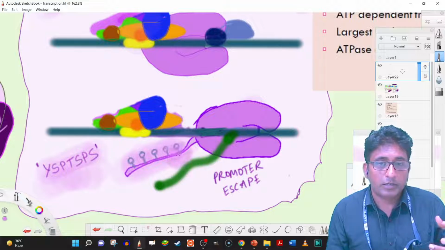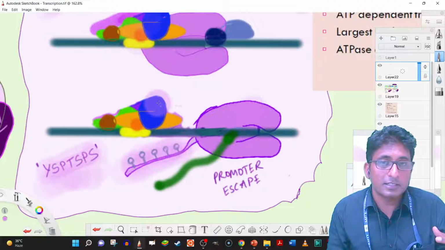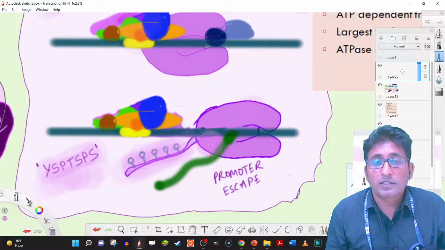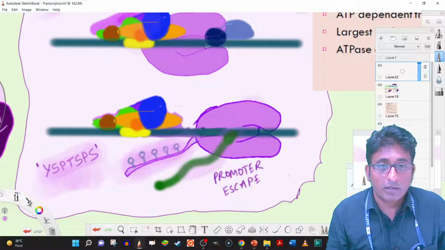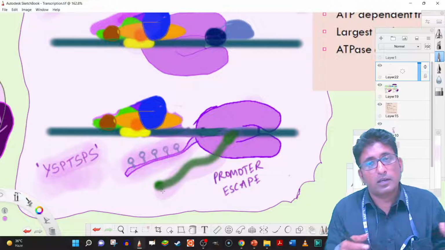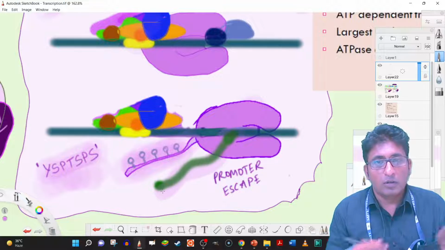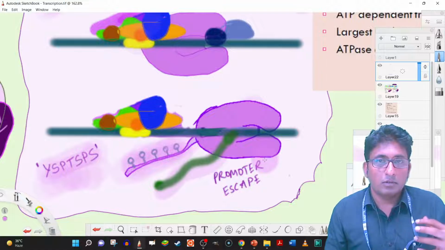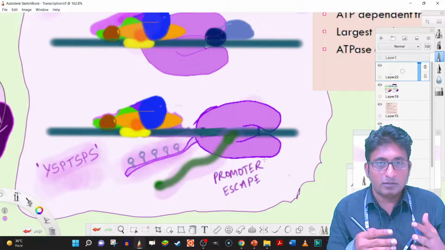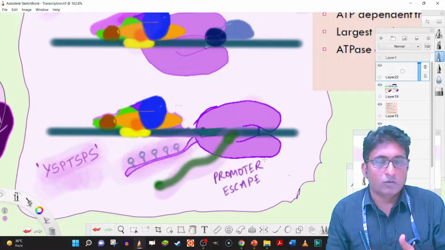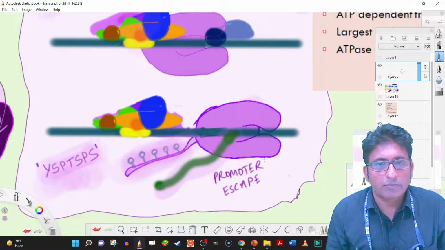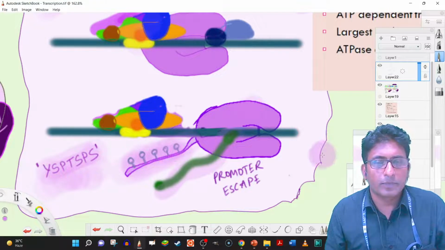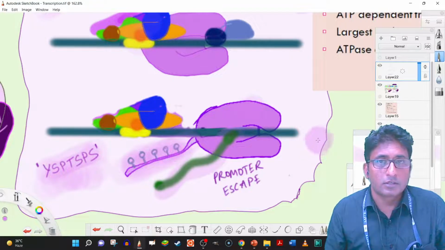Once phosphorylation occurs, it loses affinity for these factors, and it will start initiation of transcription. That is when the RNA will keep on coming out and RNA polymerase will move further. So the post-translational modification of specific residues is changing the affinities of RNA polymerase with several other factors, and that is causing the initiation of transcription.